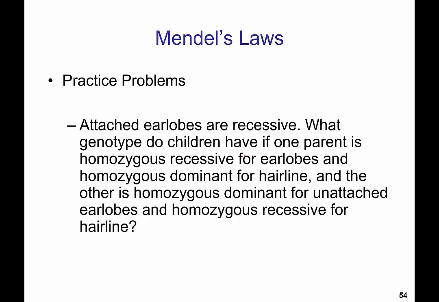Attached earlobes are recessive. What genotype do children have if one parent is homozygous recessive for earlobes and homozygous dominant for hairline, and the other is homozygous dominant for unattached earlobes and homozygous recessive for hairline? Okay, so with earlobes, we used E's earlier, and for hairline, we used W's earlier.